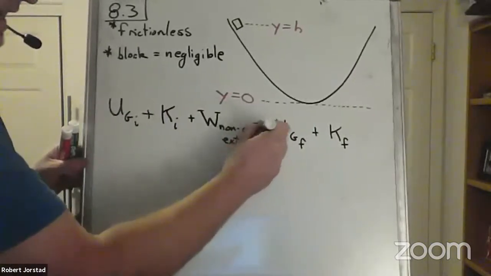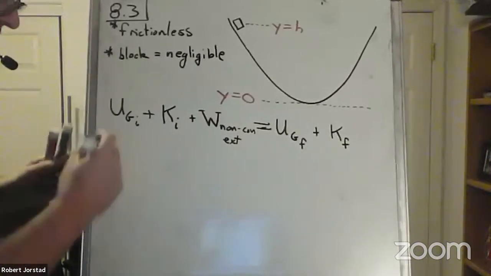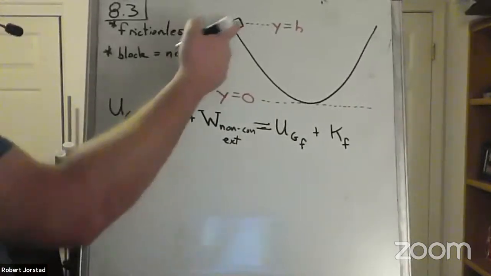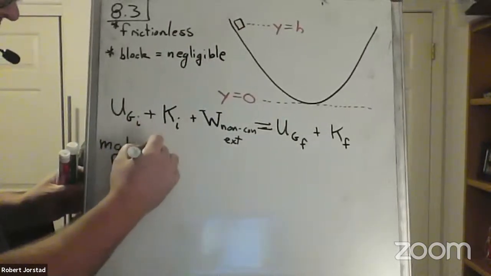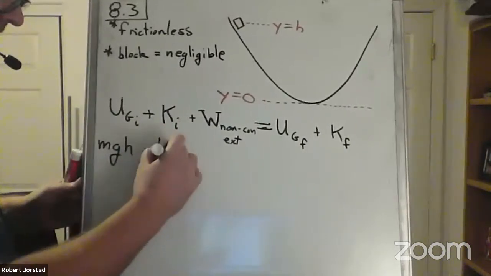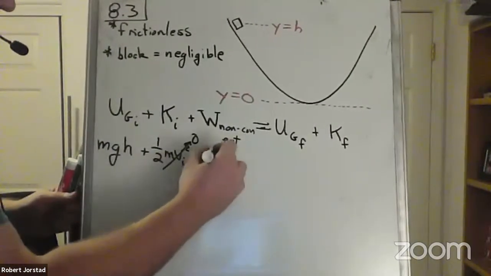This is making sense. This is chapter 8 style. In this case, the initial gravitational energy is mg, and what's the initial height? h. What's the initial kinetic energy here? 0. Got it. Now, let's come back to this one.